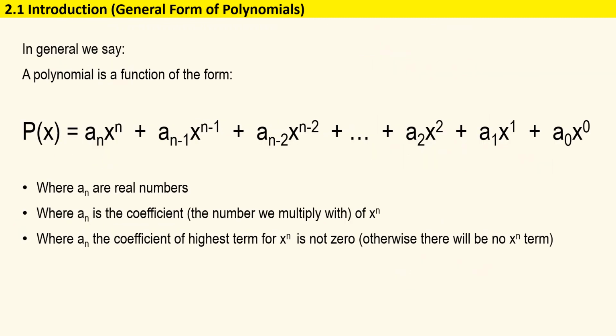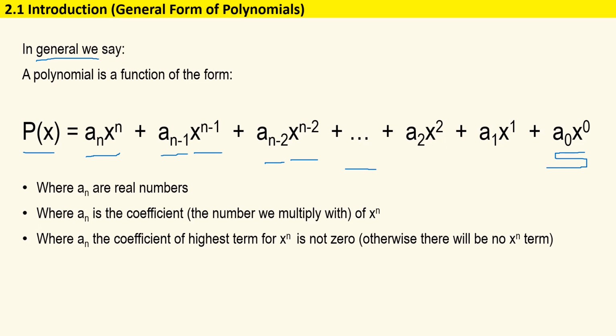If we extend it, then we can say general form of a polynomial is p(x) is equal to an multiplied by x raised to power n plus an minus 1 multiplied by x raised to power n minus 1 plus an minus 2 multiplied by x raised to power n minus 2 plus so on up to a0, which is only a0 because it is multiplied by x raised to power 0, which is 1.